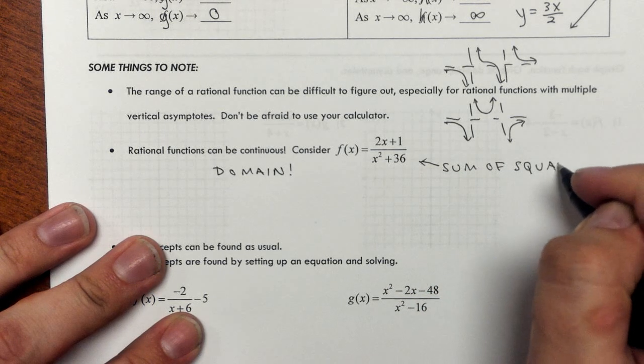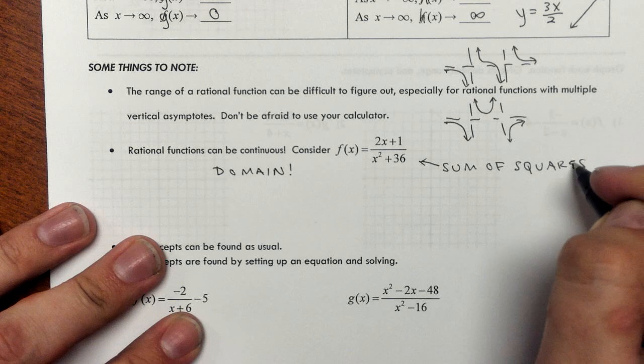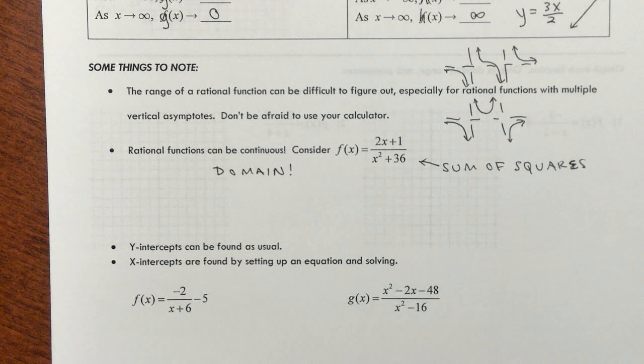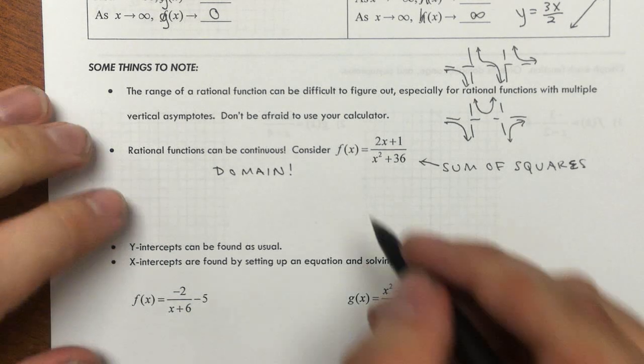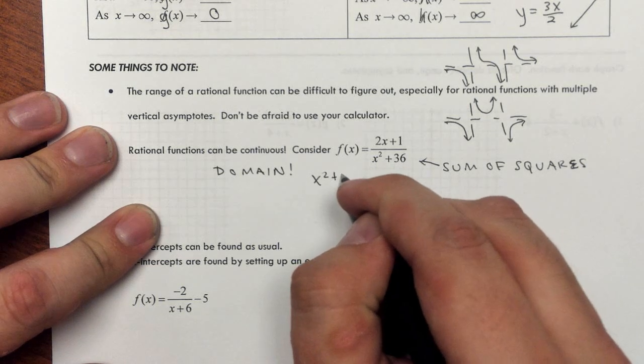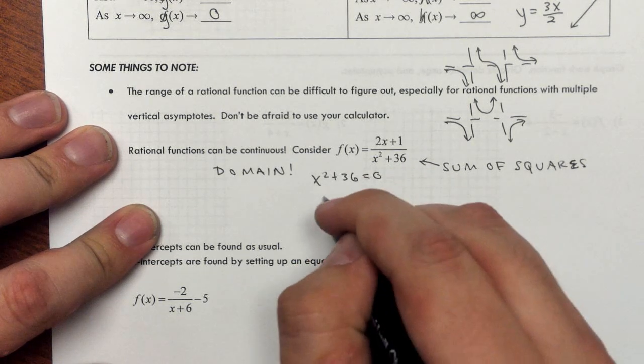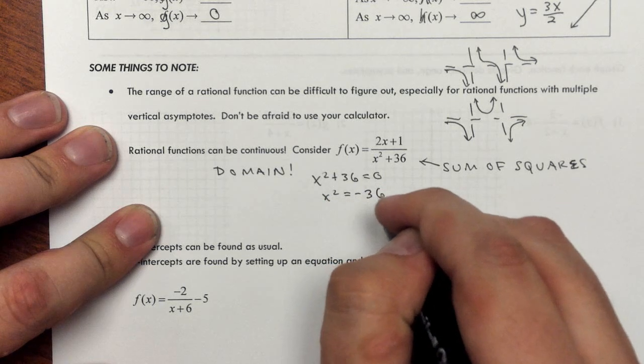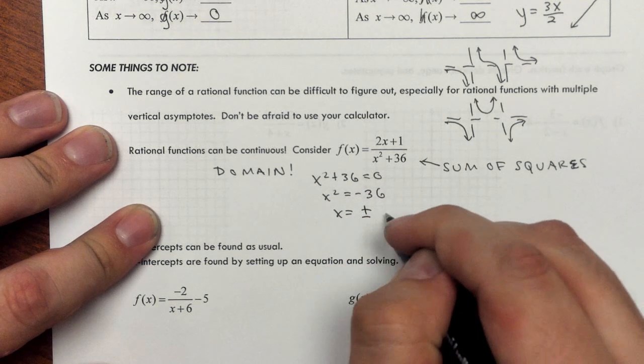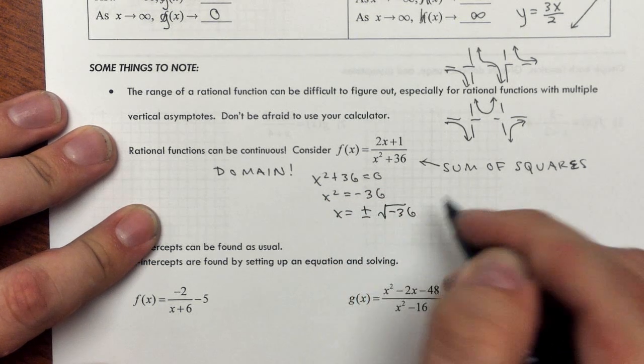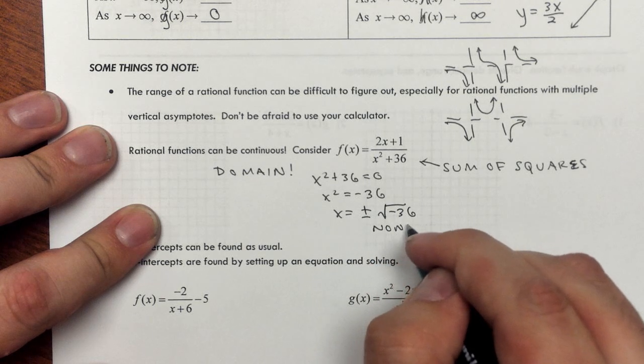A sum of squares does not factor. And what's more, if you recall, you know that it only has non-real solutions. If I set this equal to 0 and solved, x squared plus 36 equals 0 gives me x squared equals negative 36, which gives me x is the positive or negative square root of negative 36, which is not real.